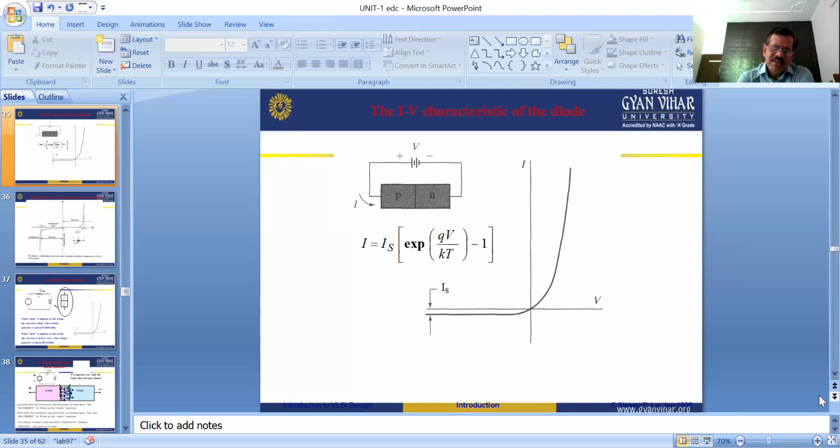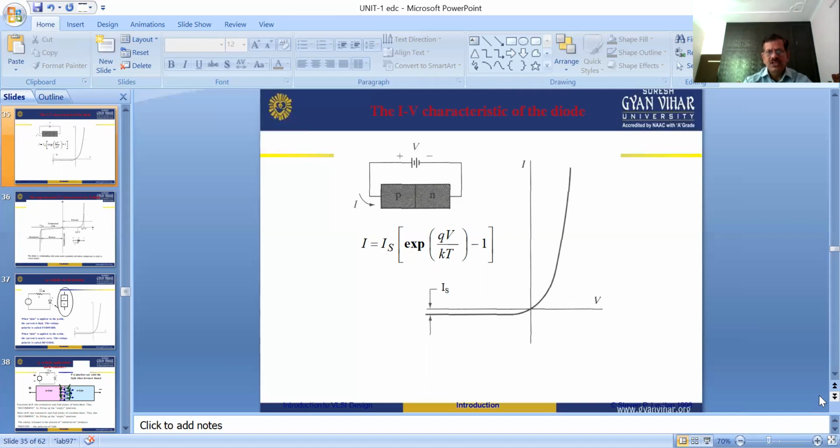We know that the diode only conducts in the forward bias condition, not in the reverse bias condition. So we draw the characteristics of the PN junction diode, the VI or current versus voltage graph.